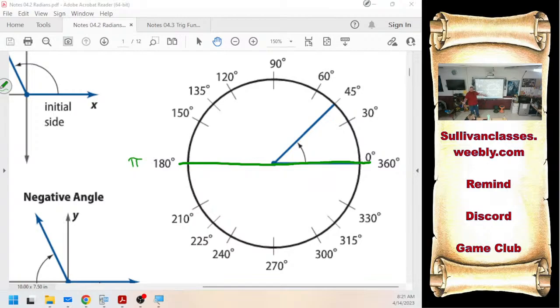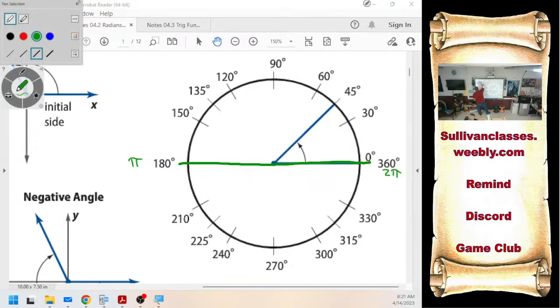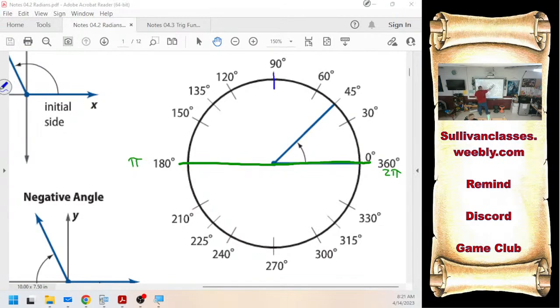Okay, how much of the calzone instead of the pizza? So if this much is pi, then keep going. The full circle is 2 pi. And if I were to cut that in half, then what?